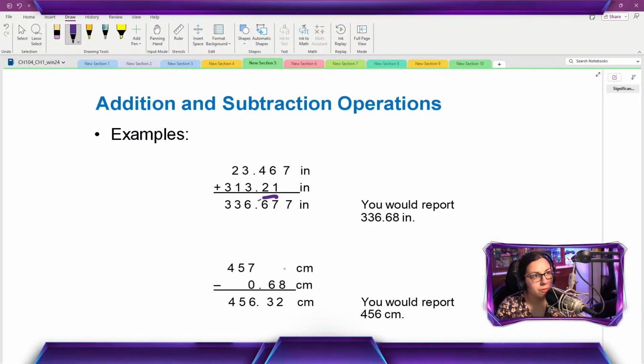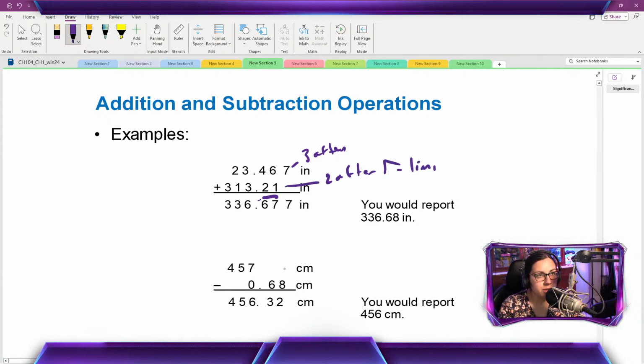And so our first number is 3 after, and this is 2 after. And so this is our limiting one. So we can only report the two places after the decimal point. And so, right, you do your addition, so you get 336.677. But now we have to round to 2 after. And so with our 7 here, we round up to 336.68.